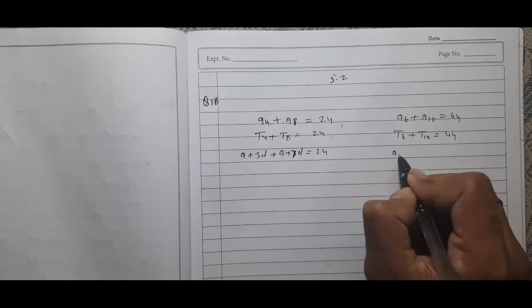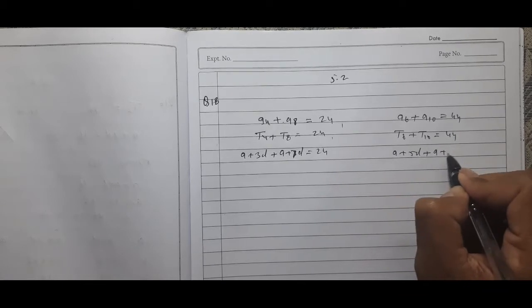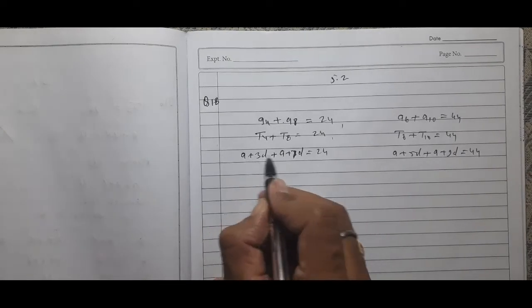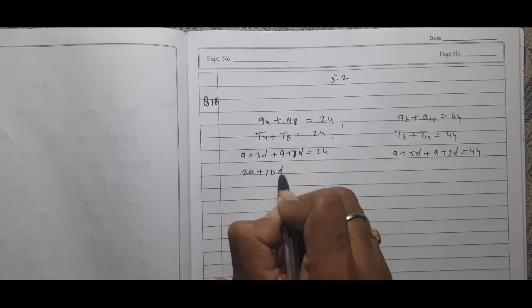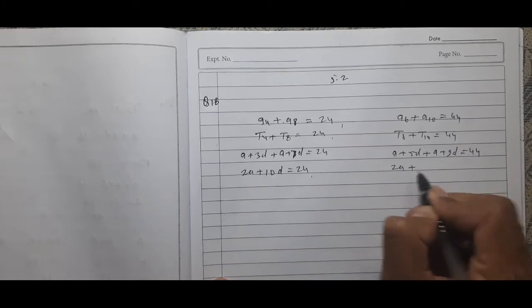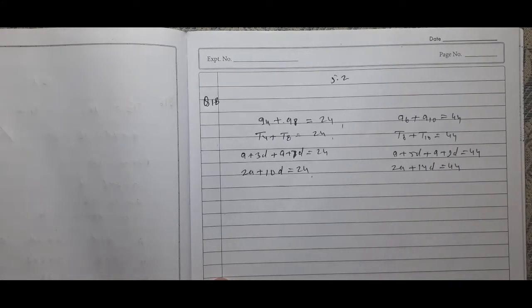The T6 formula is A plus 5D, plus the T10 formula A plus 9D, equal to 44. Okay, A plus A is 2A, 7 plus 3 is 10D, equal to 24. A plus A is 2A, 9 plus 5 is 14D, equal to 44.